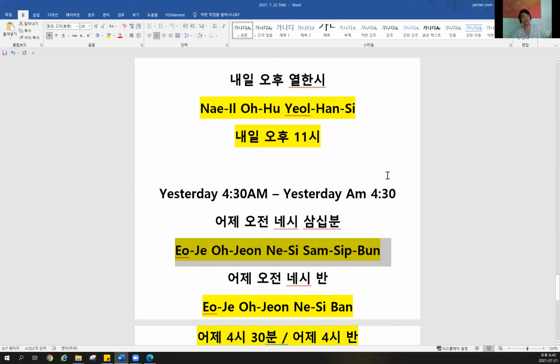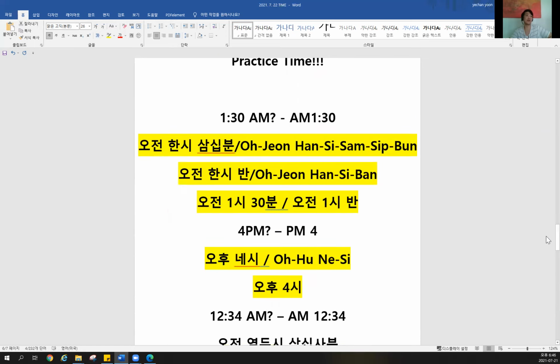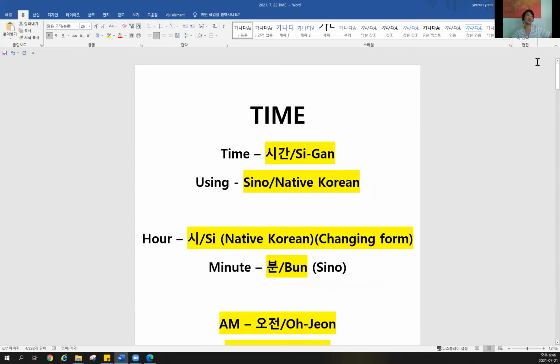Okay, all right, let's do the final review. Time can be written with 시간. We're using both Sino and native Korean counting at the same time. The hour you say with 시, and you read the hour with native Korean in the changing form. How about the minute?